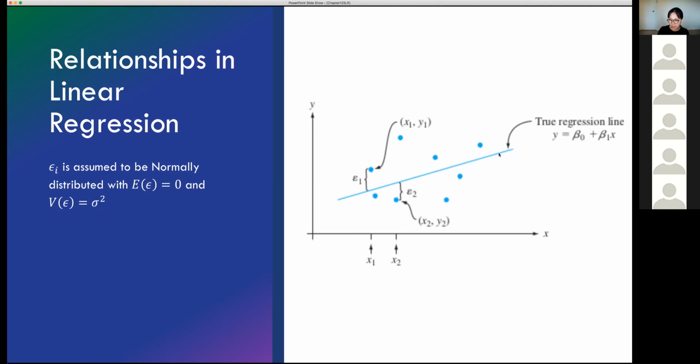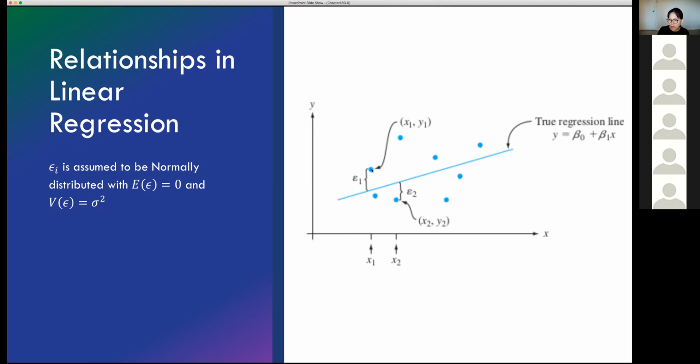So this is your line, beta 0 plus beta 1 times x. And this is the epsilon i, the distance between this. So this would correspond to y1, right? The height of this point is y1.